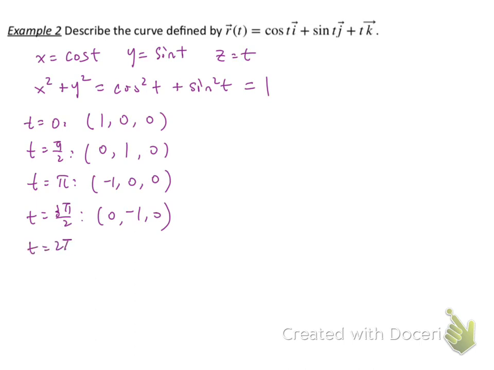Finally, t equals 2 pi gives 1, 0, 2 pi. I had mixed up the z coordinate earlier: it should be pi over 2, pi, 3 pi over 2, and 2 pi.